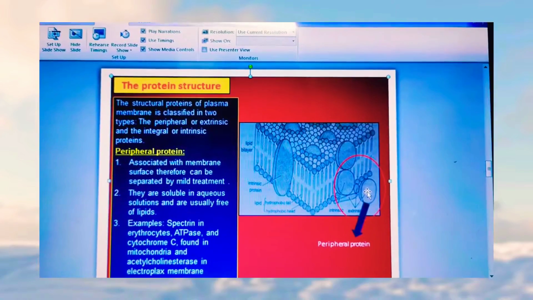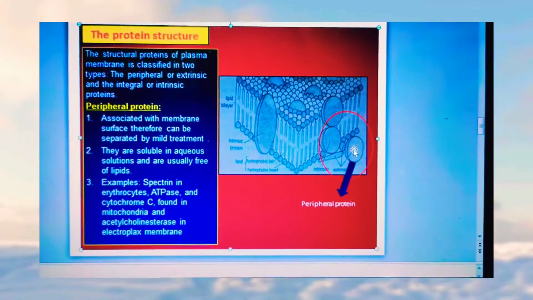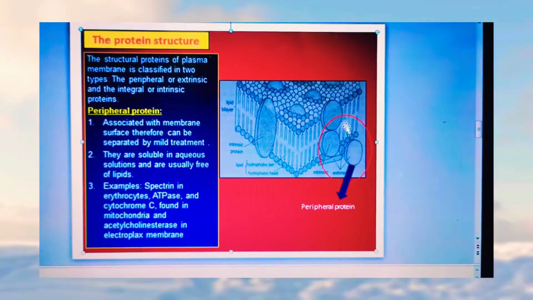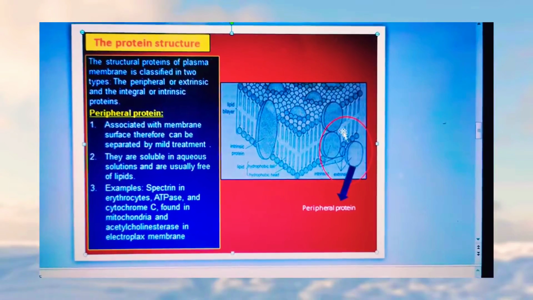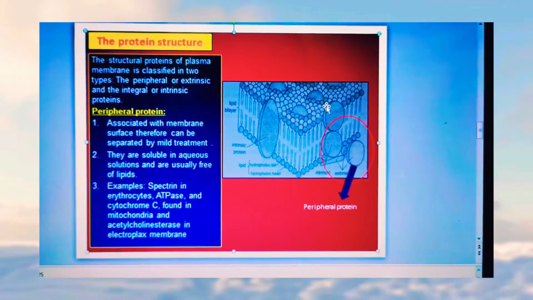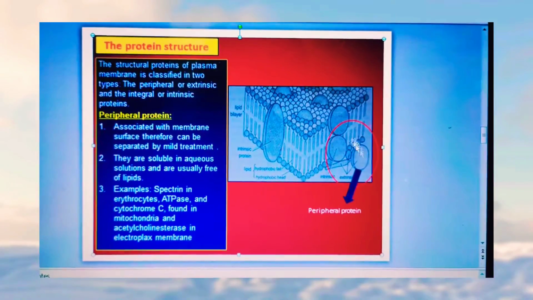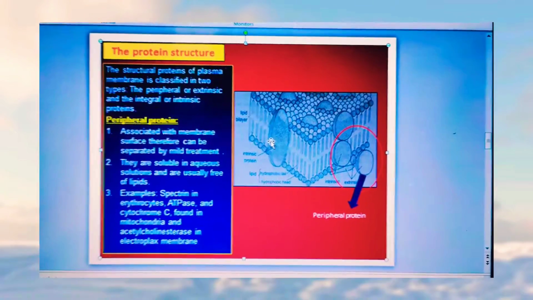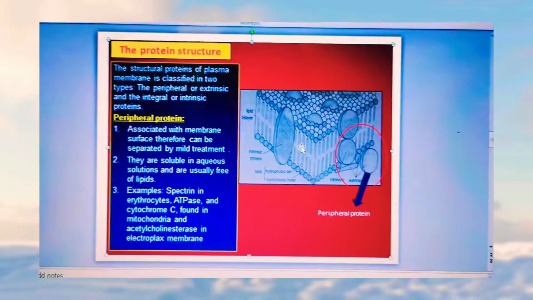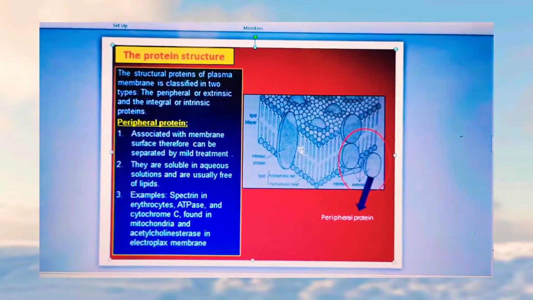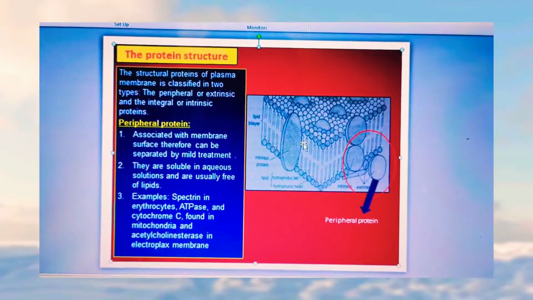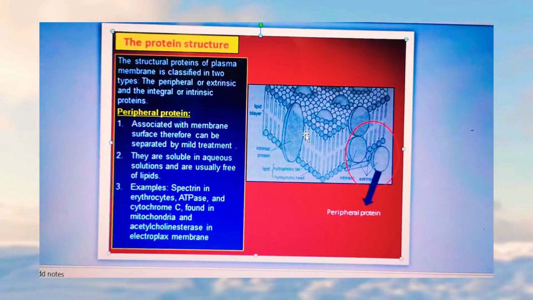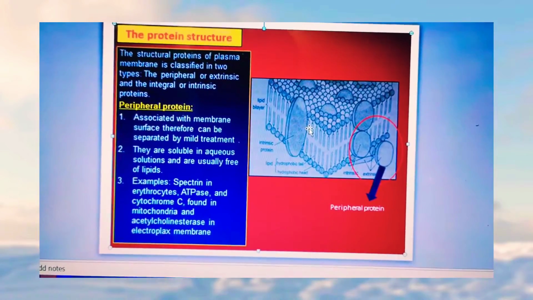Sorry, I just shook this line. Here you can see, here or here. Those proteins which are at the peripheral, at the edge of the plasma membrane, are called extrinsic proteins, and those proteins which are embedded in between the phospholipids are called intrinsic proteins. This is how the protein is structured in the plasma membrane, and where it is located.